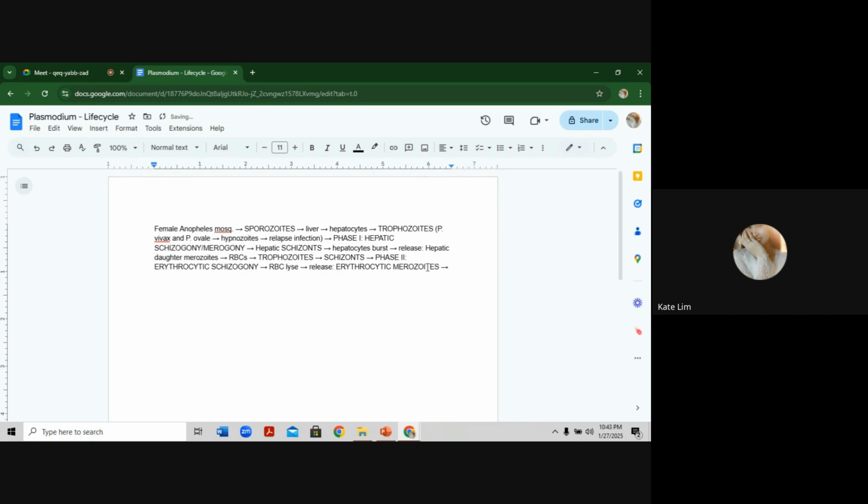Some of the merozoites would re-enter, would reinvade another set of RBCs, and the cycle happens all over again. That cycle is what we call the intraerythrocytic life cycle, and that is very common to Plasmodium falciparum. So it can complete 5 to 10 cycles.